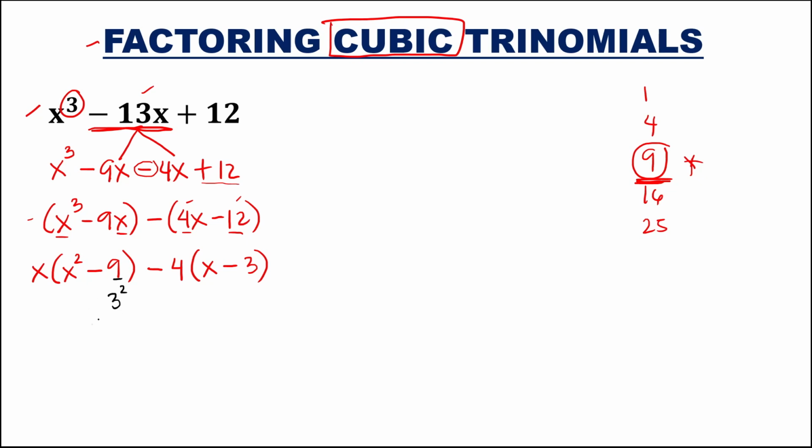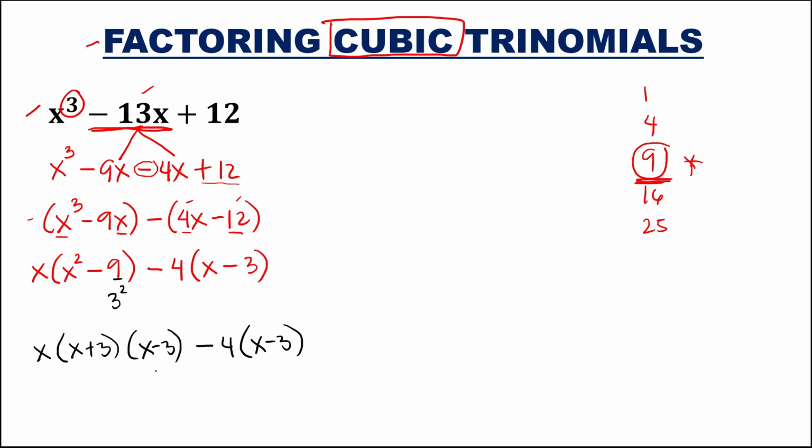To factor this, this becomes x times, so this x squared minus 3 squared is equal to x plus 3 times x minus 3, then minus, bring down this 4, times x minus 3.